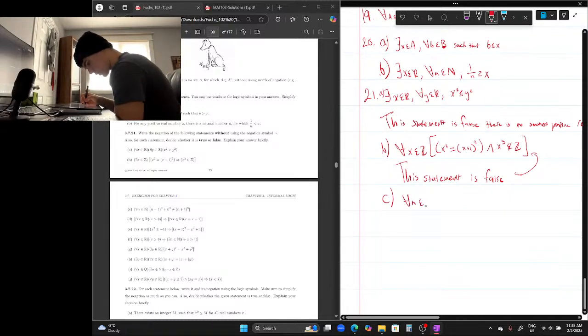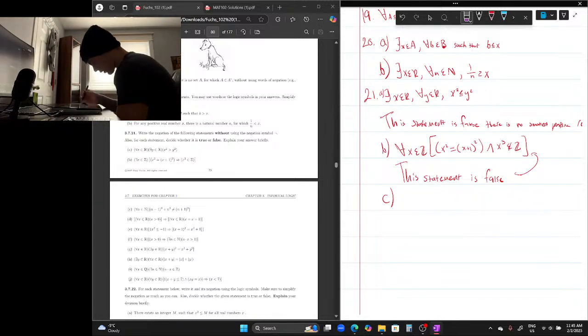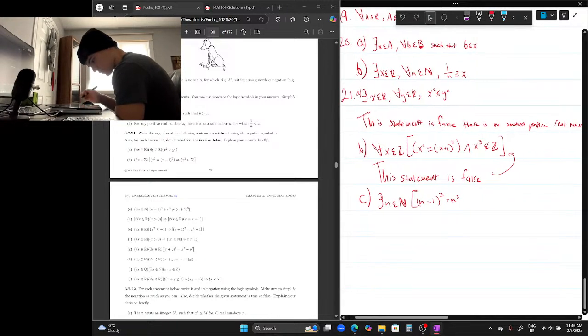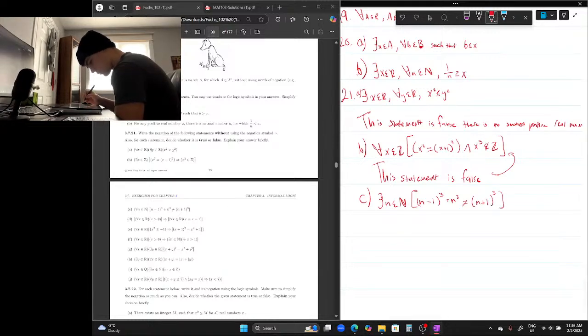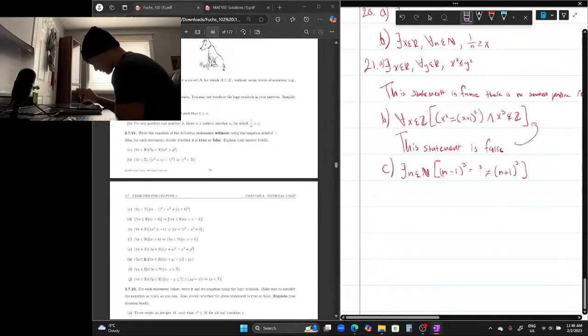For all n in N, n minus 1 cubed is not equal to... I'm not going to write that down because I have to write the negation anyway. There exists... Oh, shit.